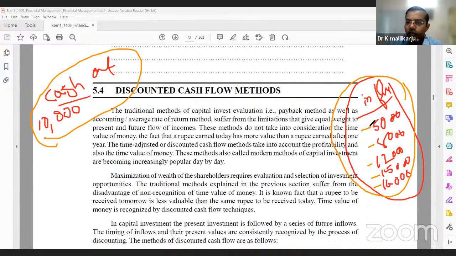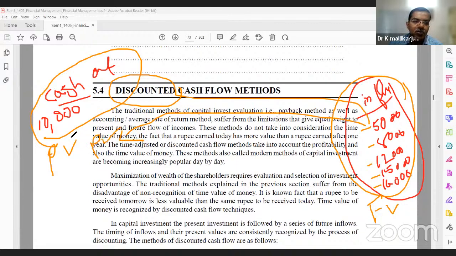These future cash flows are discounted. Why are we going to discount them? Now we are taking the decision today. So this cash outflow is a present value, and these are future values. So the future values are discounted and taken as present values.